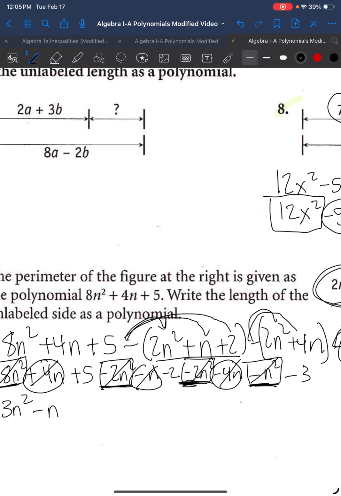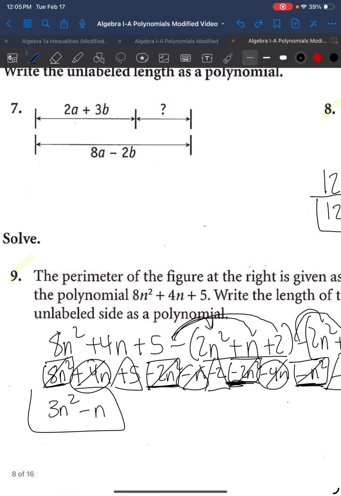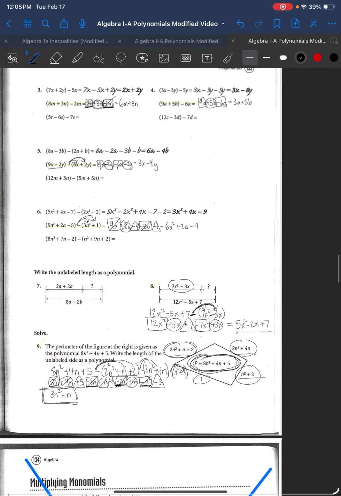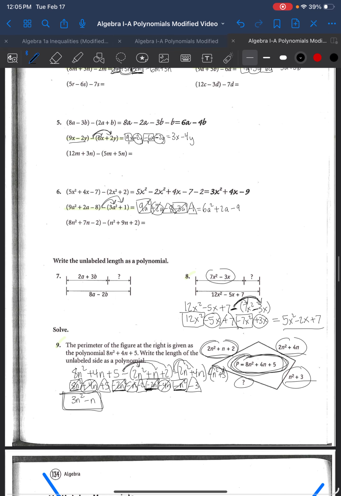And then I have plus 5 minus 2 minus 3. So 5 minus 2 minus 3, that's just 0. So I could write plus 0, but I don't have to. I can just leave this as my answer. Okay, so this missing length has to be 3n squared minus n.